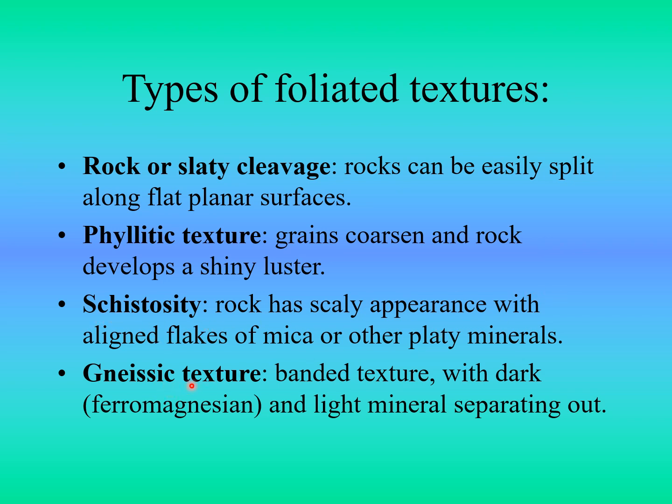And then if you have a gneissic texture, like we see in the gneisses, that's where you get those true bands of minerals. And you usually have the dark ferromagnesian minerals separating out from the light felsic minerals, or non-ferromagnesian minerals. And that's where you start to really see a differentiation in the mineralogy, and it makes that striped, banded look.